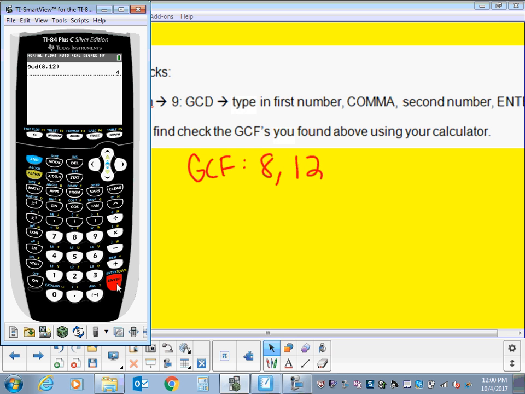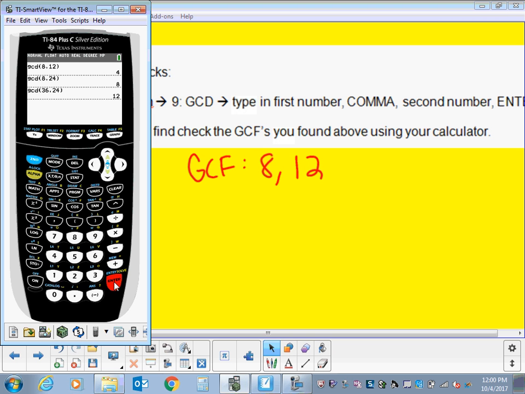If you have three numbers like we just had, I go to math, number 9. Was it like 8, 24, 36? Alright, so I would just type in 2 at a time. Let's do 8, comma 24, get an answer. And then I could do 24 and 36.